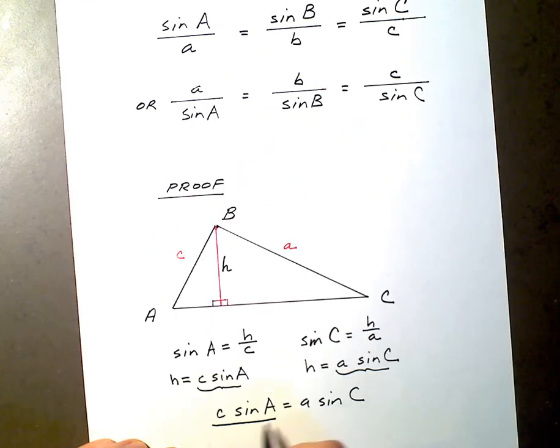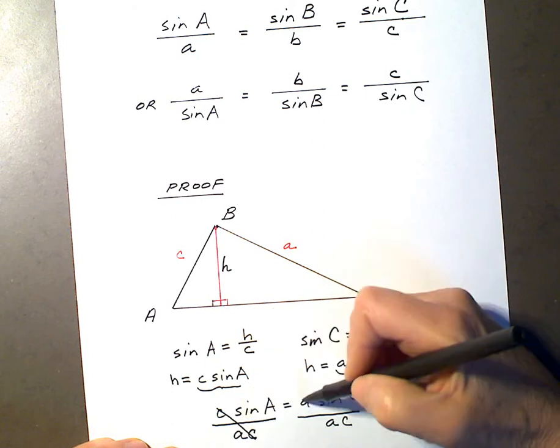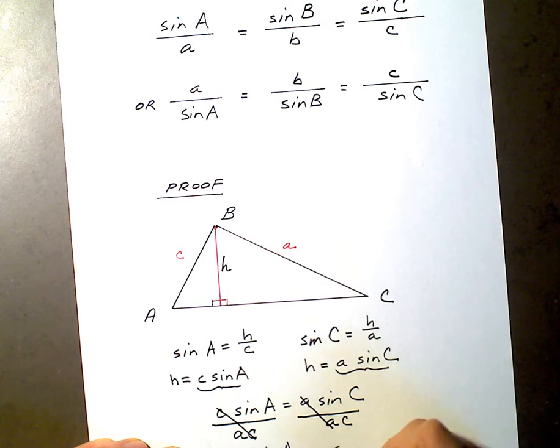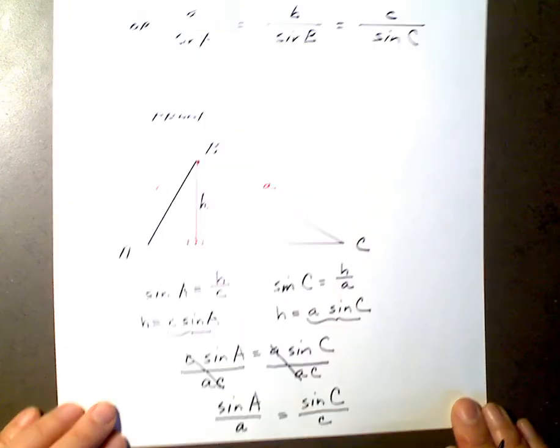I've got to divide out the C on this side, and on this side the A. So I have to divide both sides by C and both sides by A. So I get a cancellation here and here, and so I end with the ratio of the sine of angle A over side A equal to the same ratio, the sine of angle C over the length of side C. Okay, which is these two right here.